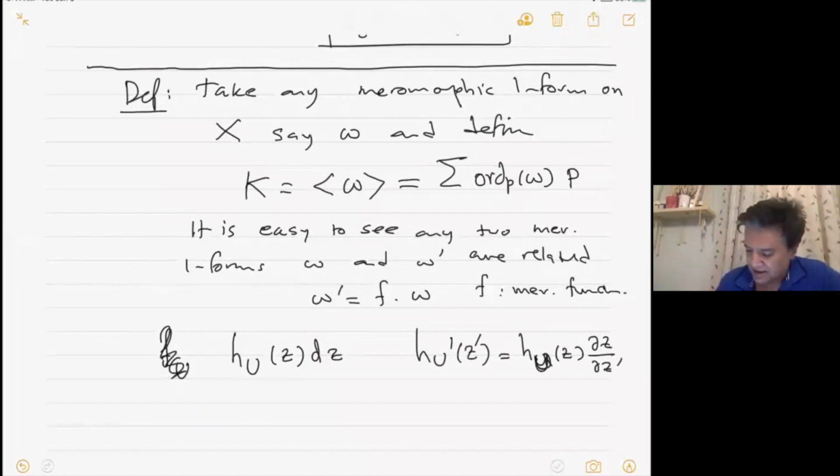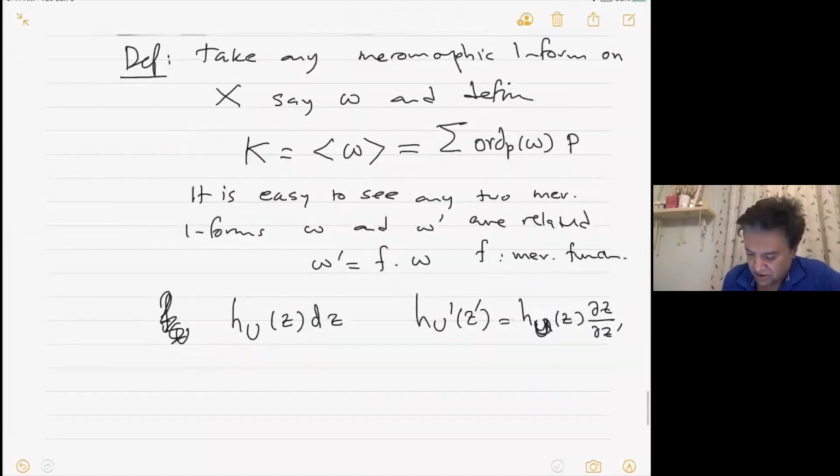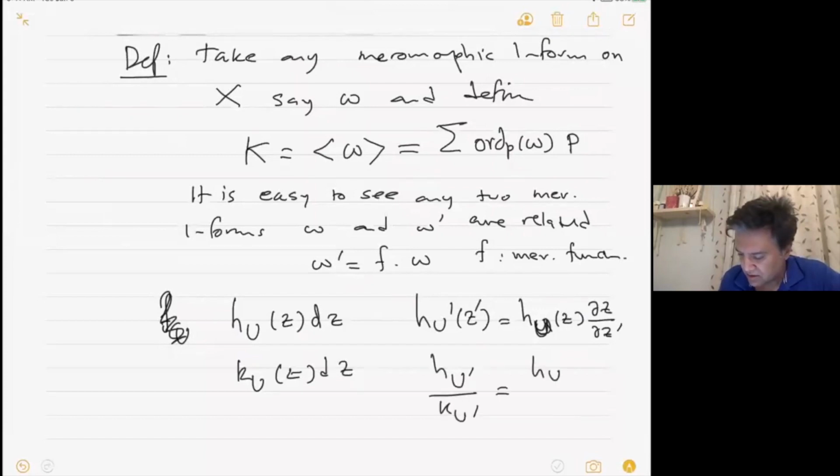And this implies that if you have two such meromorphic forms and you take the quotient, these factors of the derivative of z with respect to z prime will cancel. And so these functions are equal on the points where U and U prime are both defined.